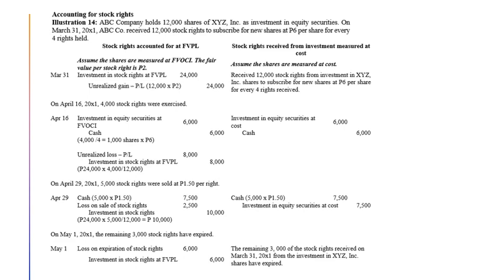Okay? On April 29, yung 5,000 stock rights were sold. So, imbes na gamitin para bumili ng bagong shares, binenta niya sa iba. Okay? So, ang proceeds niya would be 5,000 times 1.50. That's 7,500. So, debit cash, 7,500. And first credit yung value ng stock rights na binenta. So, since 5,000 yun, so 24,000 times 5,000 over 12,000, that's 10,000 pesos.